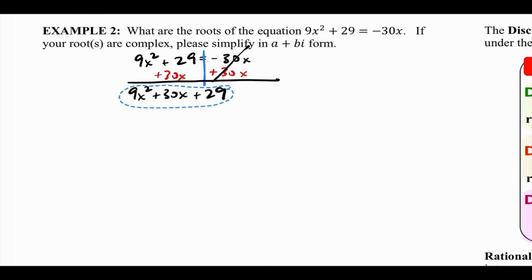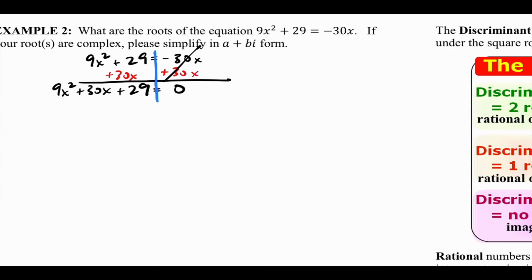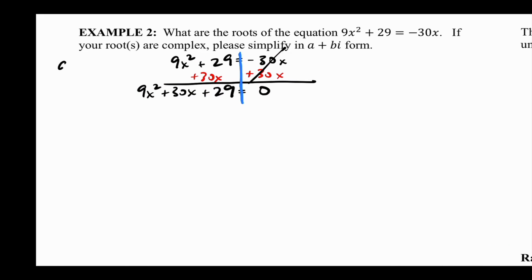I can't add 30x to any of them because they're not like terms, so I just put it in the middle because now it'll be in standard form. Step 1 done. Step 2, factor out GCF. Is there a GCF here? No, right? 9 and 30 can be divided by 3, but 29 can't. 29 looks like it can be divided by 3, but it can't. So I don't have a GCF, so let's go on to the next one.